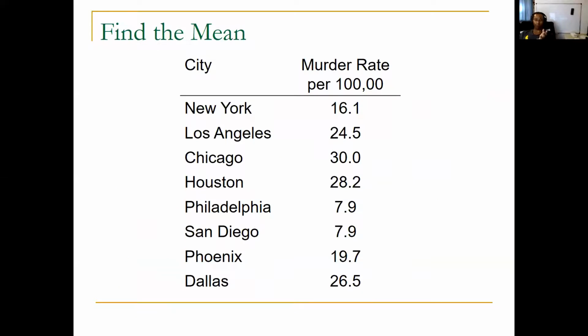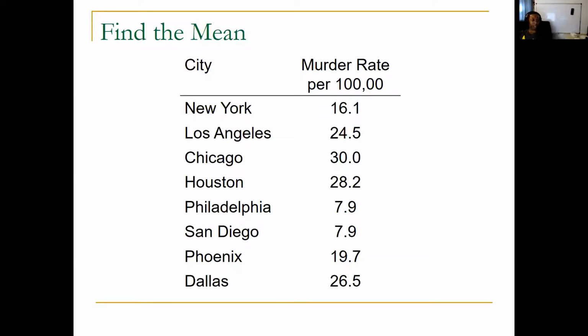So let's go ahead and find the mean murder rate per 100,000 citizens. What you would do here is just add all these scores up together, right? Take 16.1, add it to 24.5, add it to 30, add it to 28.2, add that to 7.9, plus 7.9 again, plus 10.7, plus 26.5.